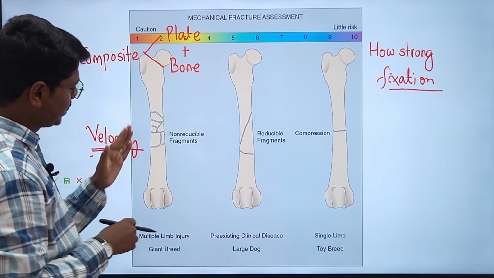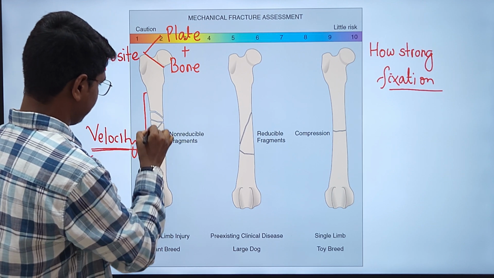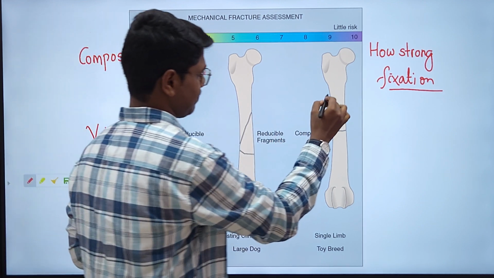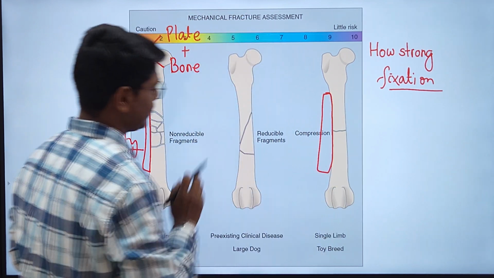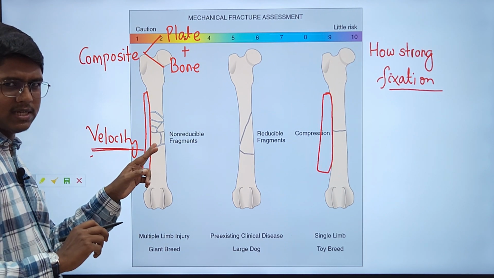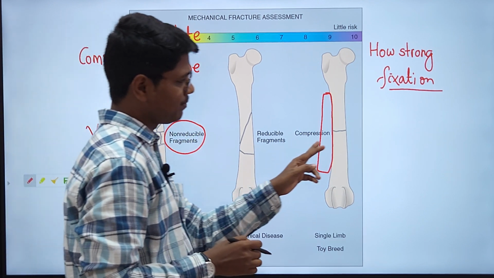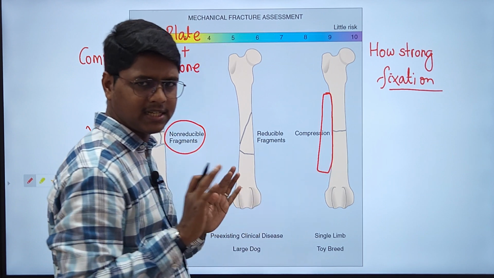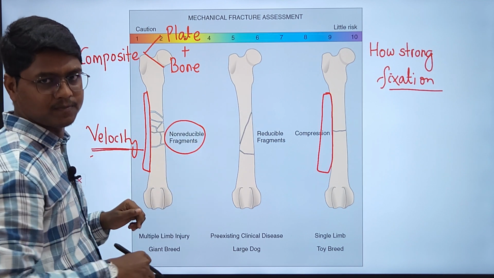So what will happen when you reduce? Suppose you have applied a plate here and a plate here, and let us assume two extremes. Suppose this is a deeply impacted fracture, which means it is non-reducible. Here is simply a transverse fracture, easily reducible. What will happen when the patient puts weight?